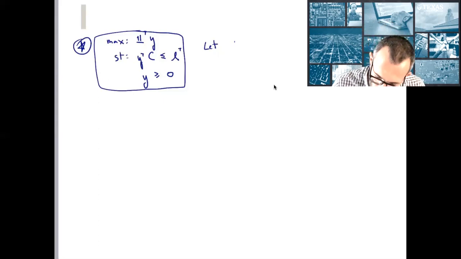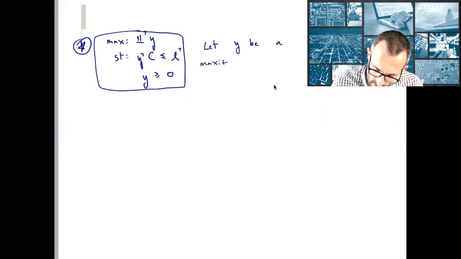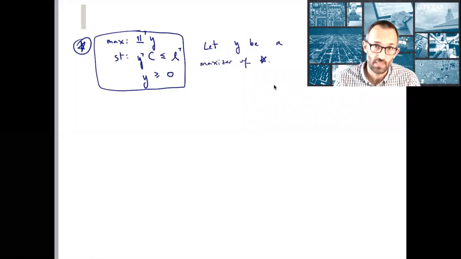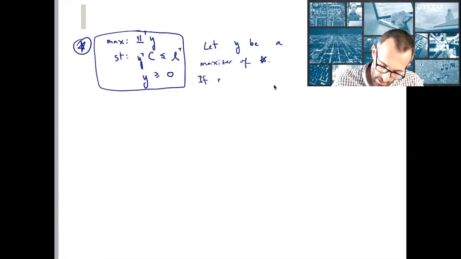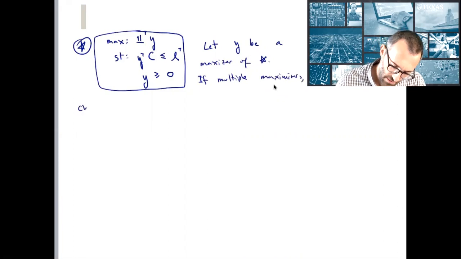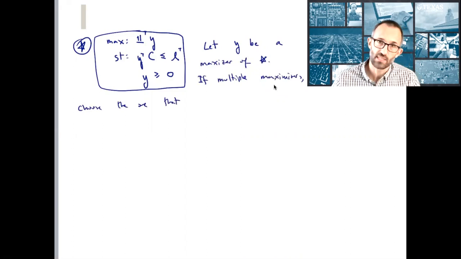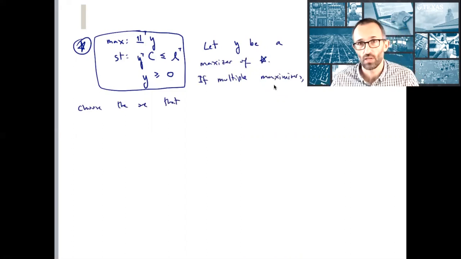So let's let Y be a maximizer of star. But in particular, I'm going to choose a specific maximizer because there might be multiple. And if we have multiple maximizers, then choose the one that makes an additional objective function as large as possible.